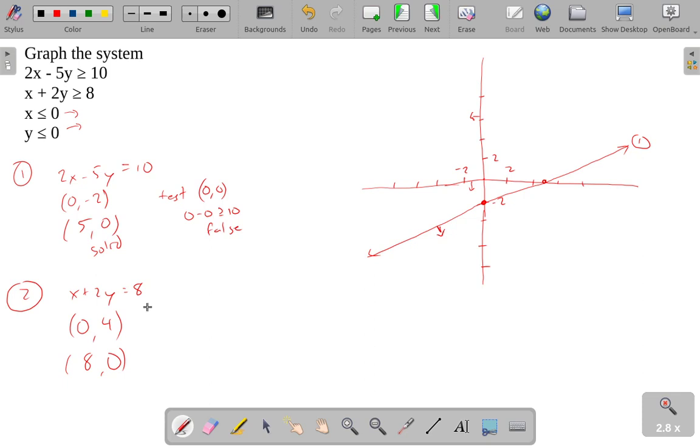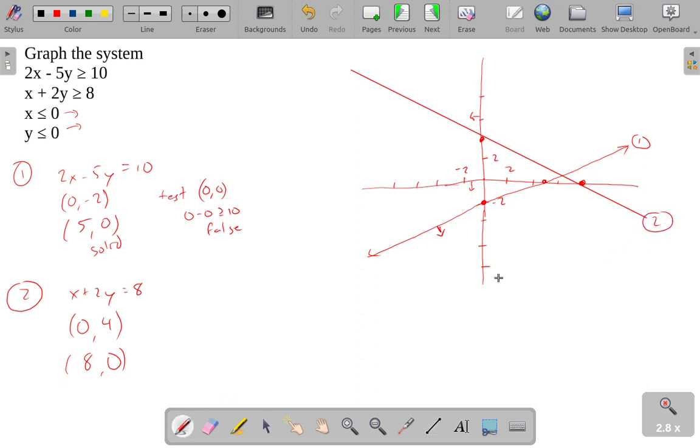For the other line, the point 0, 4 is up here, the point 8, 0 is over here. And my line looks something like that, maybe. Yeah, I can do better than that. Let's try this. That's pretty close.